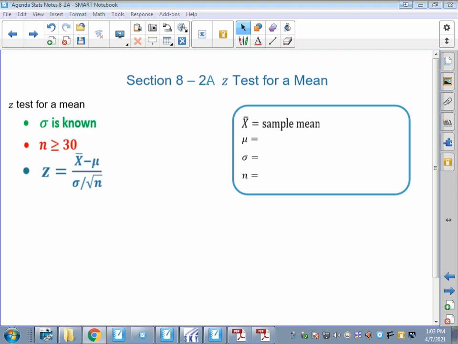Everybody knows mu, the population mean; we really need to do a symbol quiz. Everybody knows sigma, the population standard deviation, and last but not least, n is our sample size. So all of these things we've been doing, there is nothing new here. We have calculated the z value, our critical value, before and talked about all of these things.